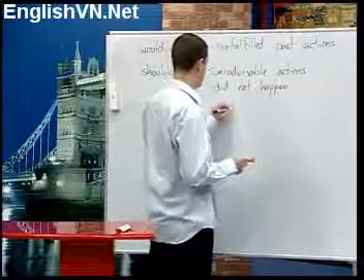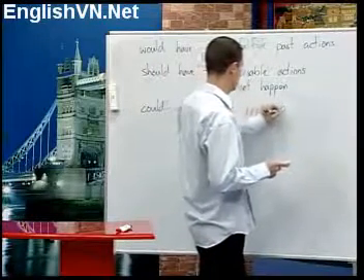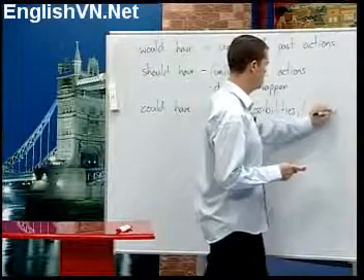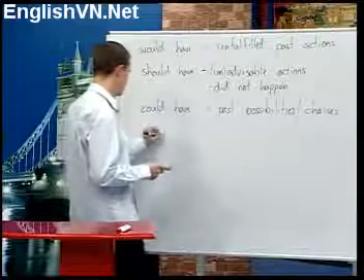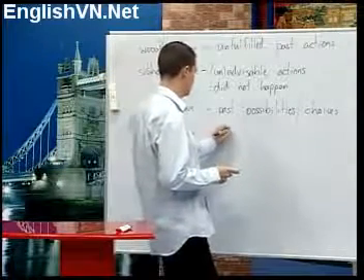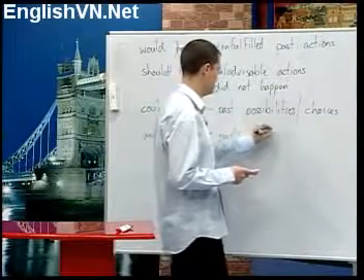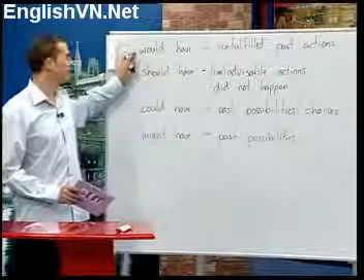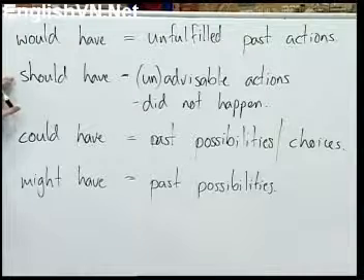Past possibilities or choices, and might have, just past possibilities. So would have: unfulfilled past actions. Should have: advisable or unadvisable actions, but they didn't happen.